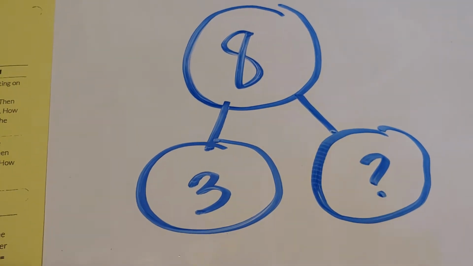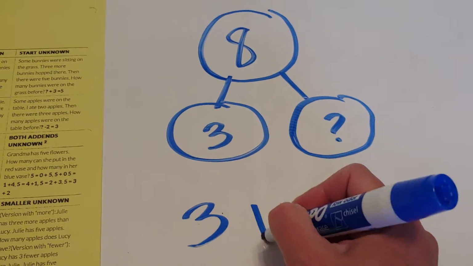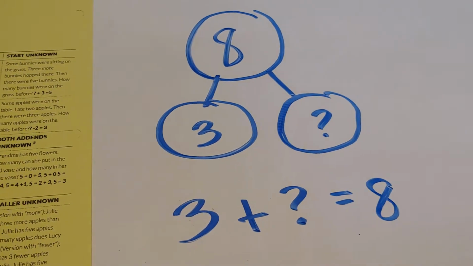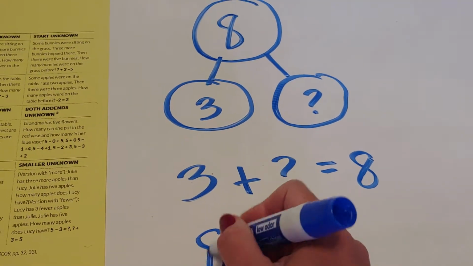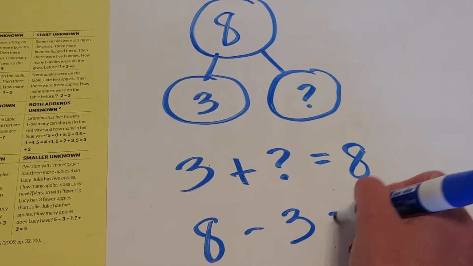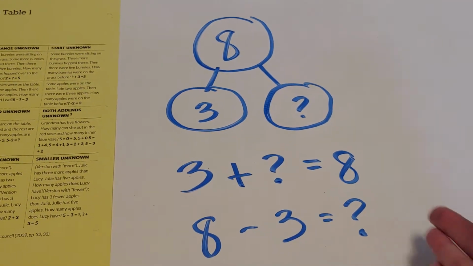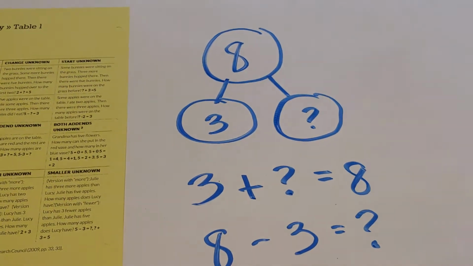If we write this as an equation or a number sentence, we'd have 3 plus what gets me to 8, right? That's one way you could think about it. You could also think about this as 8 minus 3 equals what? Does that make sense so far? Those are the two equations that would basically model what's going on.